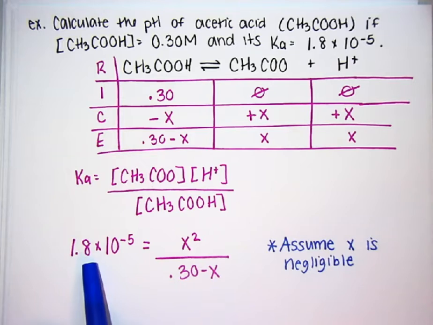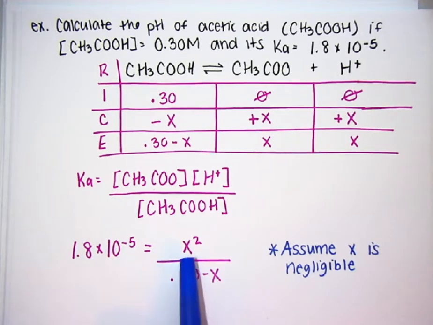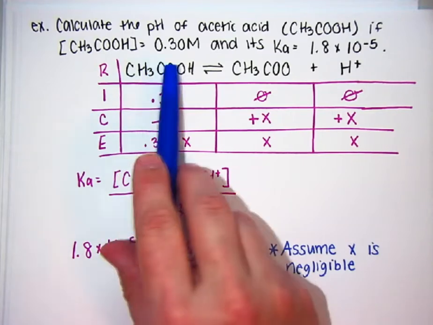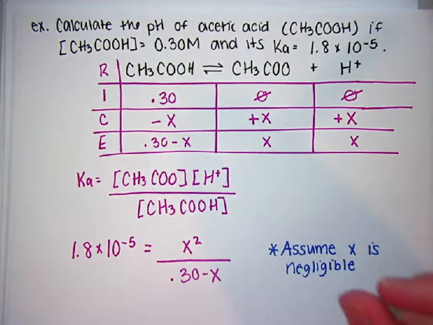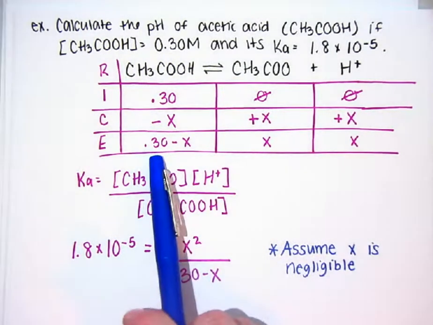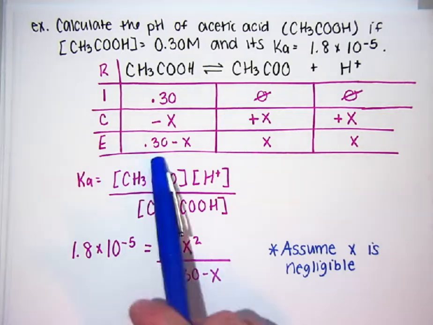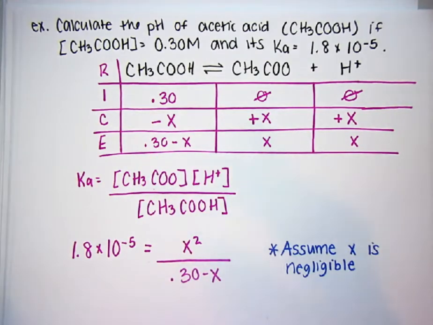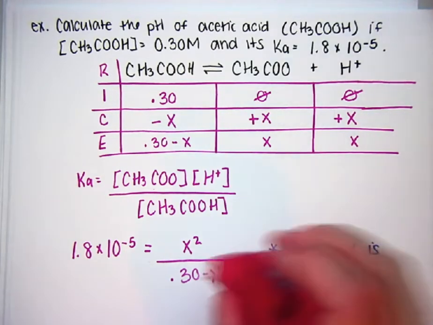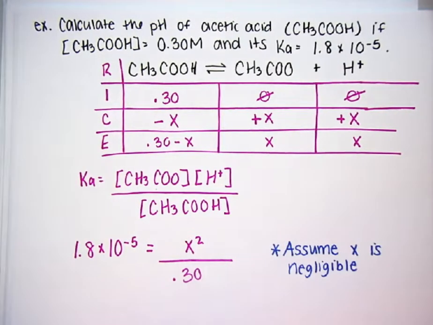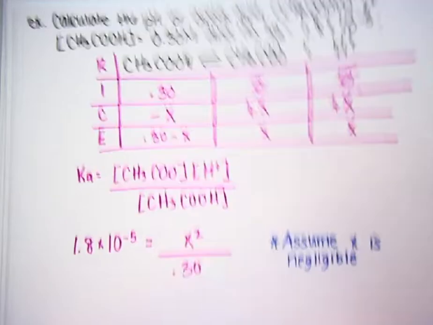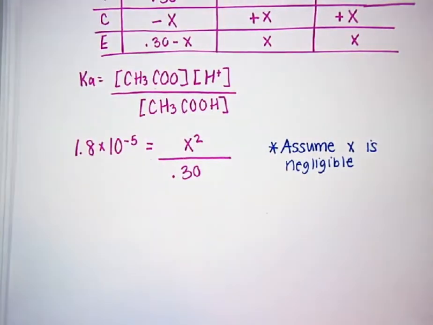So we are going to assume that the change in concentration, that x, is going to be much smaller than our initial concentration. So let's say our change in concentration was very, very small. 0.30 and 0.30 minus a really small number are going to be almost the same. It's not going to make much of a difference. So we are just going to assume x is negligible, pretend it doesn't exist. Now this makes your math much, much easier.